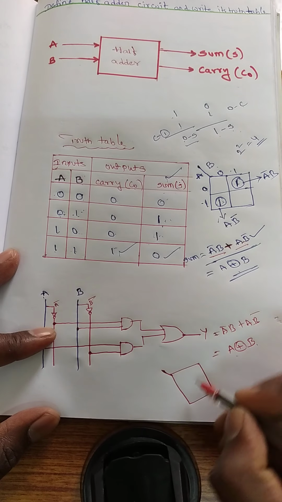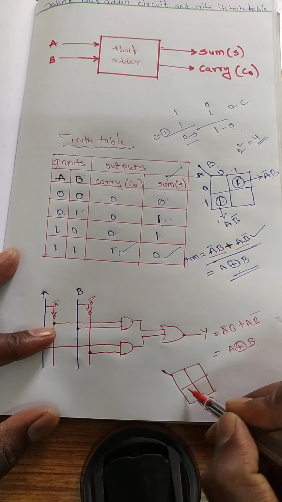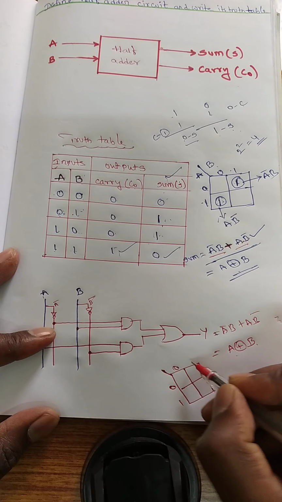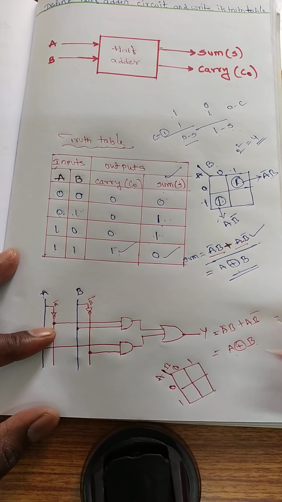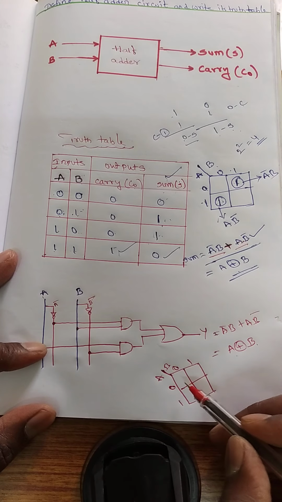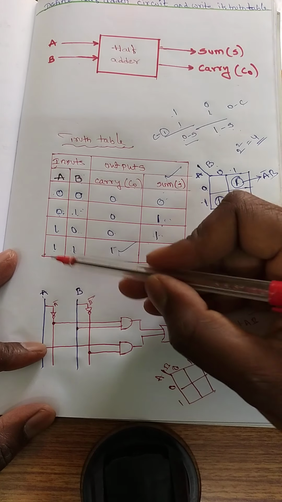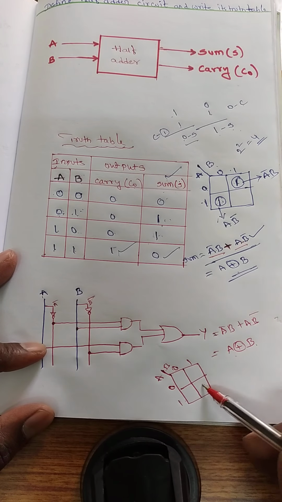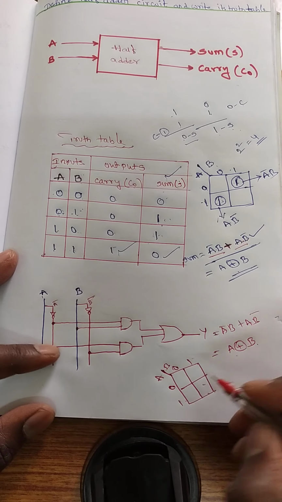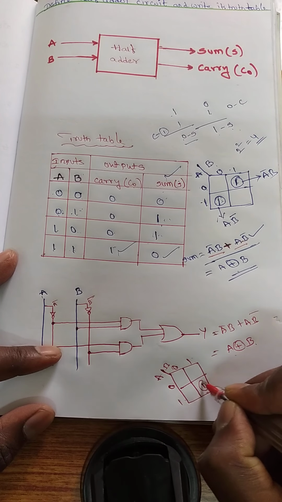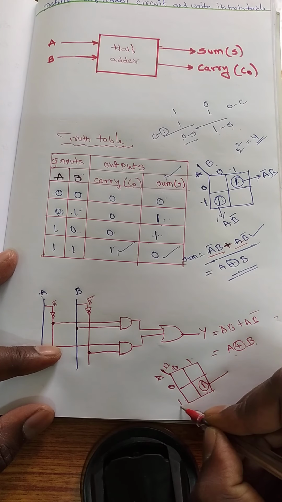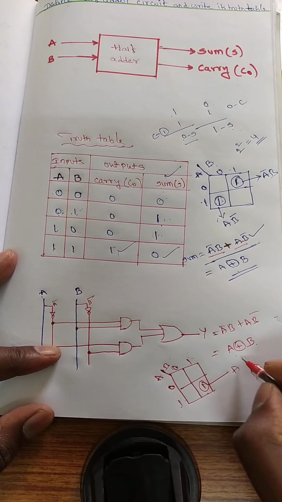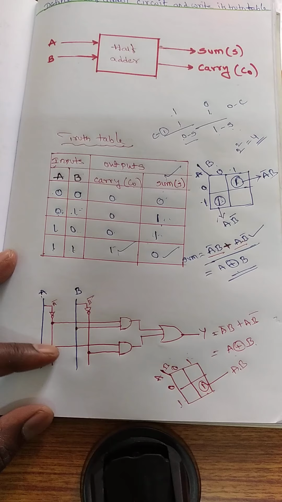So this is the K-map. 0 1 and 0 1, here A and here B. See here, when A and B both are 1, A is 1, B is 1, in that case it is 1. So what is the expression here? A is 1 means A, B is 1 means B. So the expression for carry is A dot B.